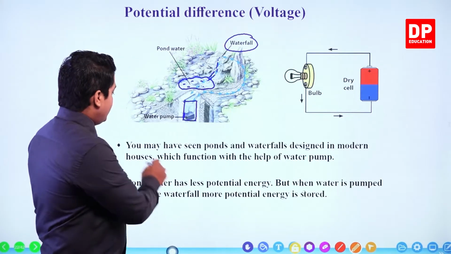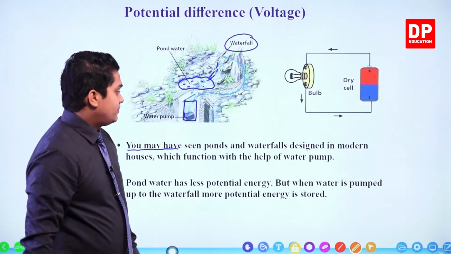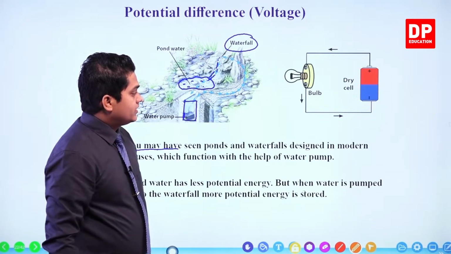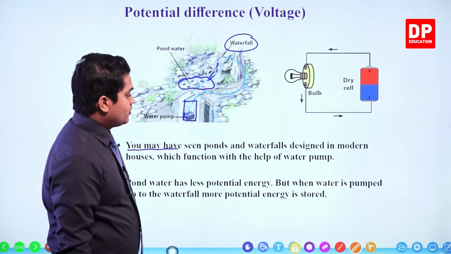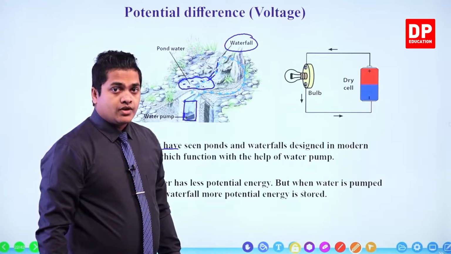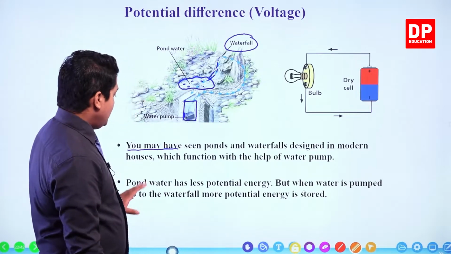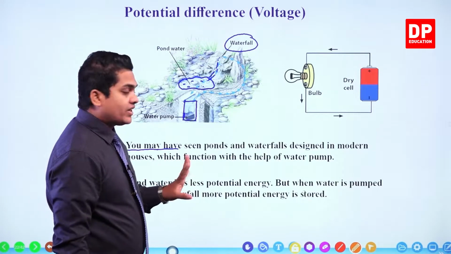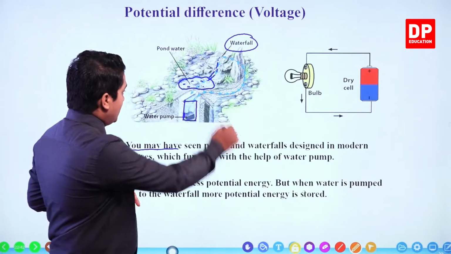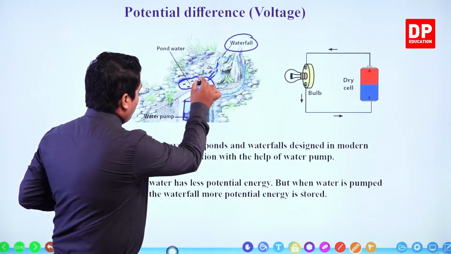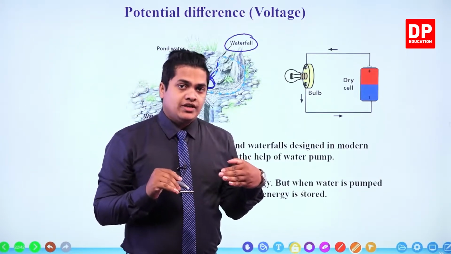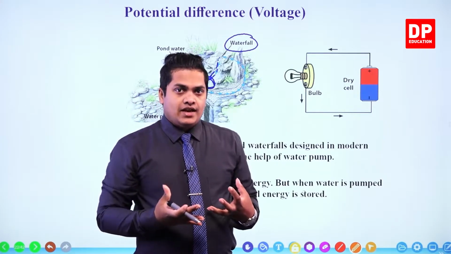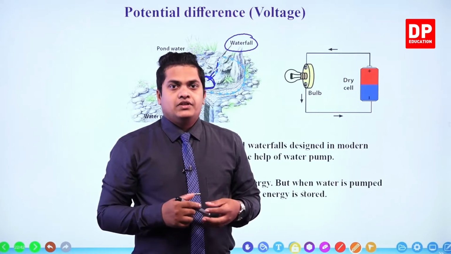Here it's given that you may have seen ponds and waterfalls designed in modern houses which function with the help of a water pump. Pond water has less potential energy. When you take water in this pond, it has lower potential energy because it is at ground level.